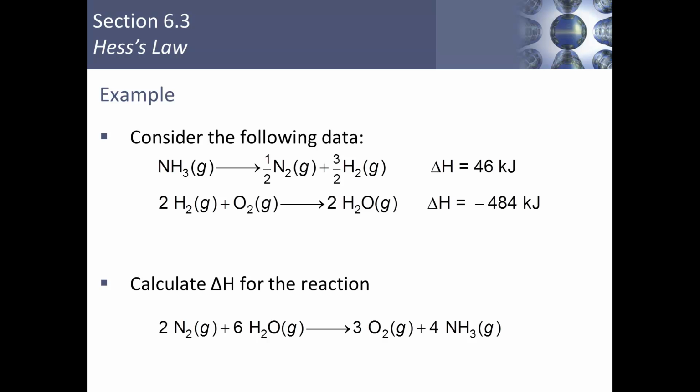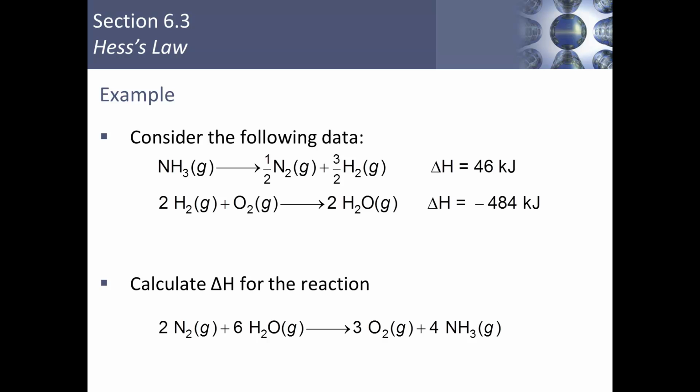So let's consider the following data. The change in enthalpy associated with the dissociation of ammonia gas into nitrogen gas and hydrogen gas is 46 kilojoules. The change in enthalpy associated with the formation of water from hydrogen gas and oxygen gas is negative 484 kilojoules.